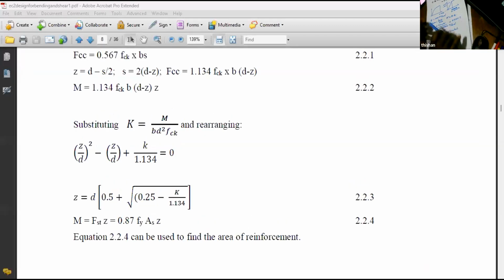How can we design? So P6, P7. We have selected the beam 500 by 250. Selected a beam 500 by 250. Right. And we have kept cover 35.